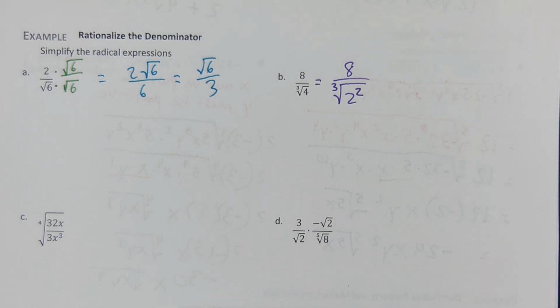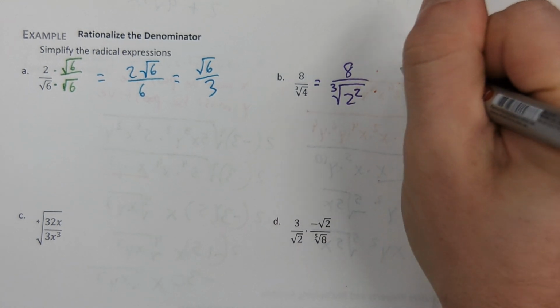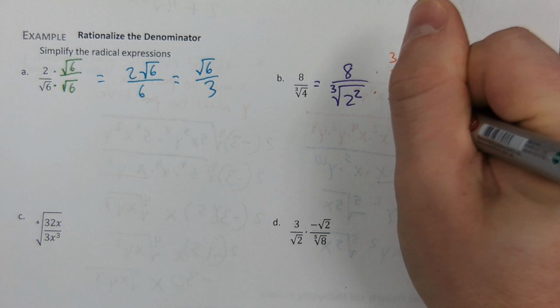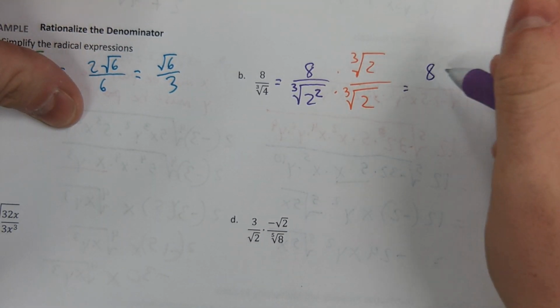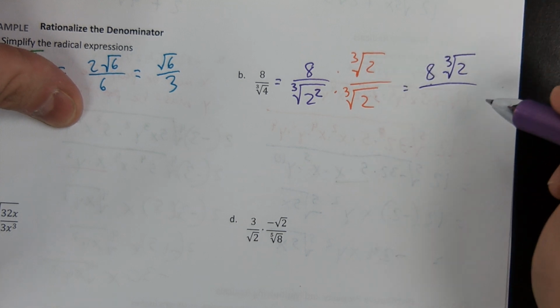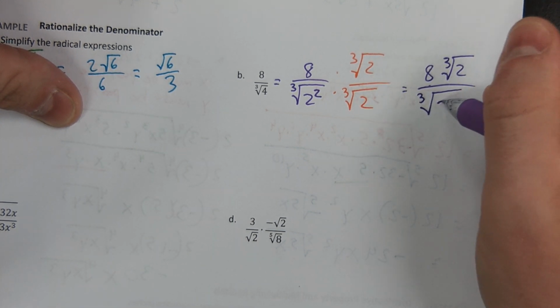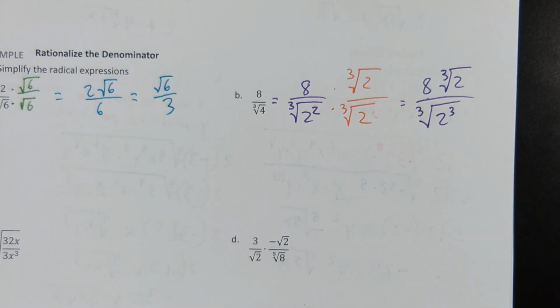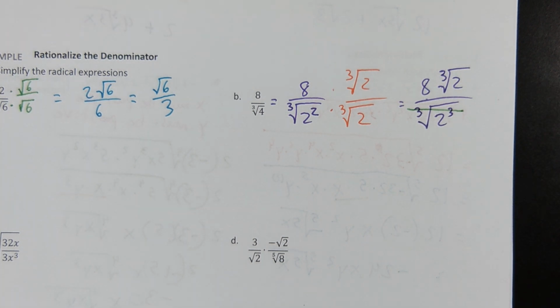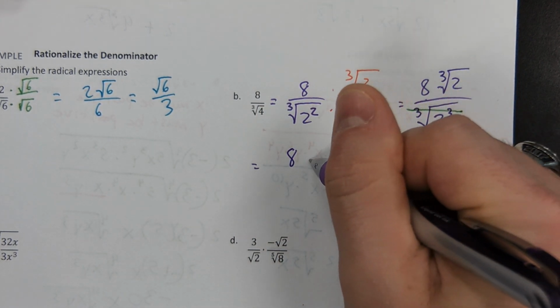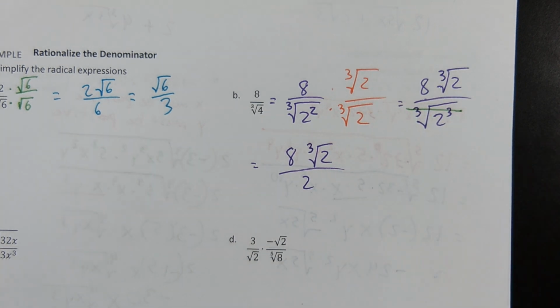If there was one more 2, it would be a third power. So let's multiply the top and bottom by one more cube root of 2. Because if you do that, you get 8 times the cube root of 2 over the cube root of 2 cubed. And the cube root and the cube cancel each other and leave you with just a 2. And 8 divided by 2 is 4.